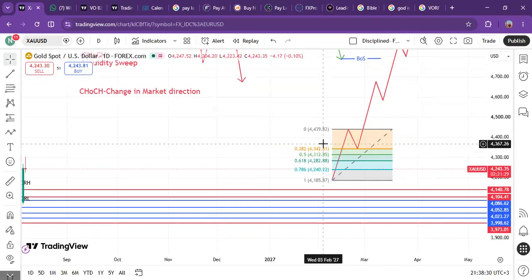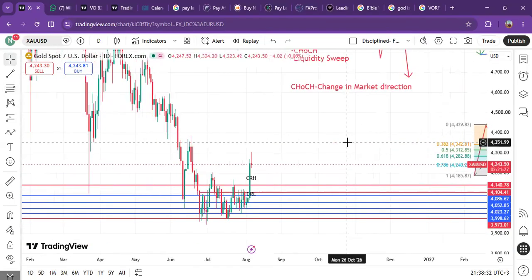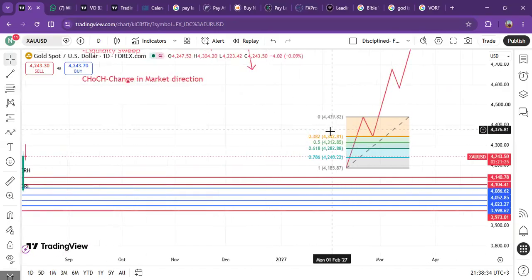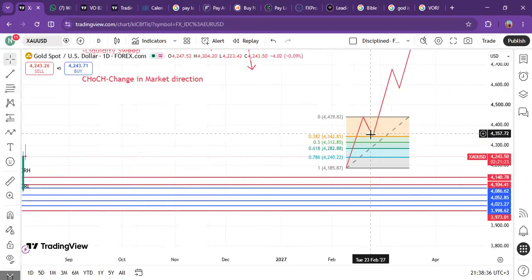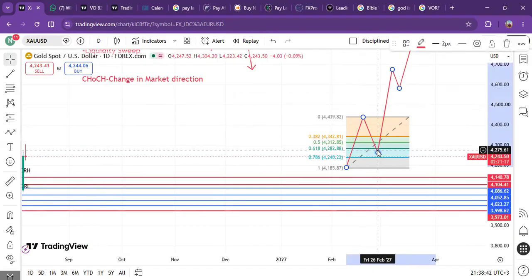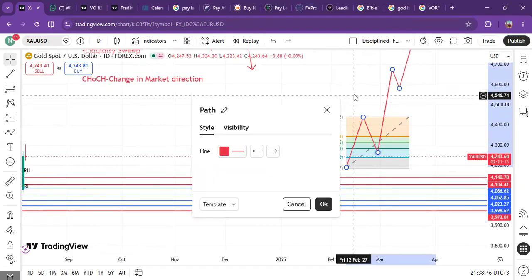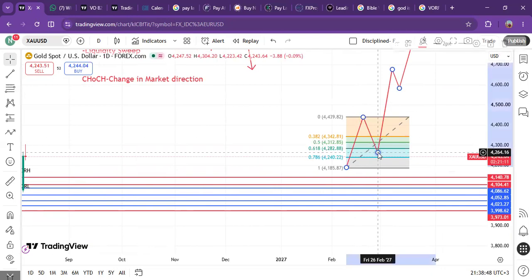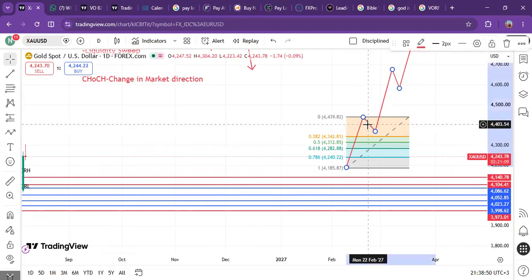If the market does not touch the yellow line or the orange one, if the market goes deep, that's a deep retracement. It's a valid one.